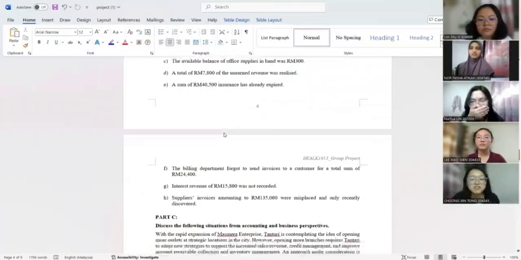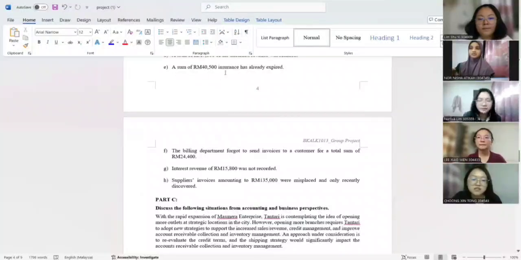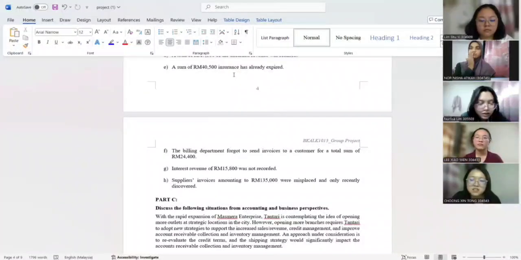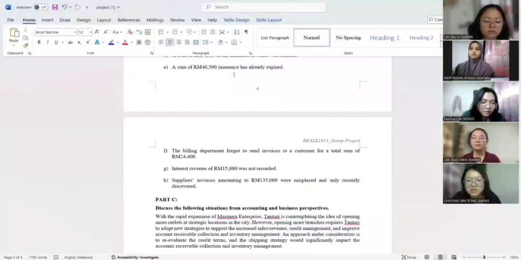Number E is the question: the sum of 14,500 insurance has already expired, which means this record represents an expense that should be recorded. But if it is not, the prepaid insurance, which is the asset, is overstated. The impact on the accounting equation is that net income and owner's equity will be overstated because the prepaid insurance has already decreased.